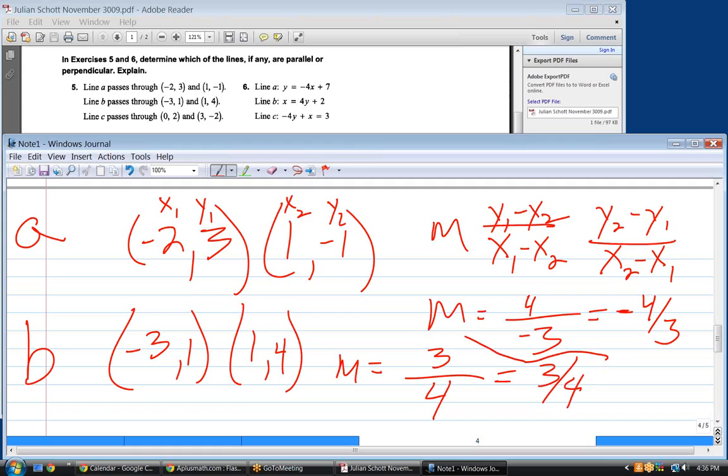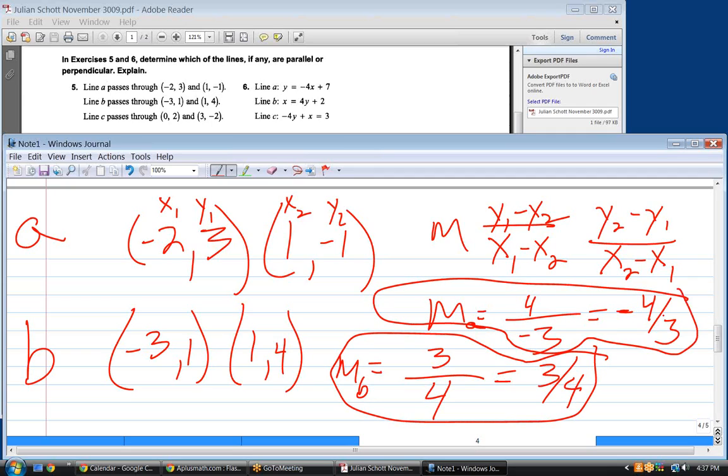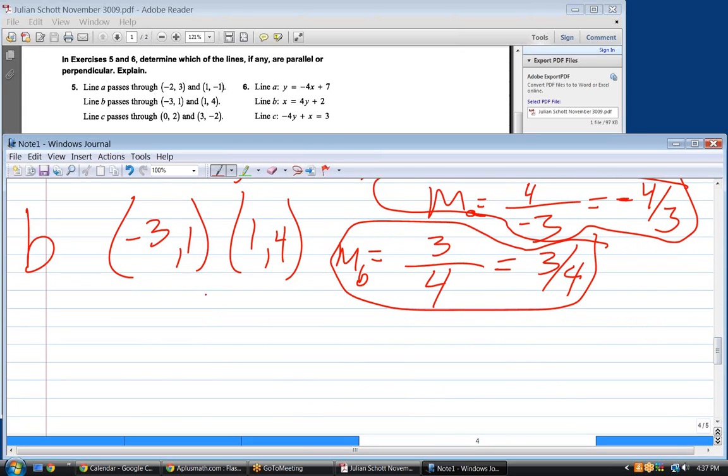So there's the slope of B. This is the slope of A. What about those two lines, do you notice? Are they parallel? No. Are they perpendicular? Yes, because this slope is the negative reciprocal of that slope. Okay, so first of all, A and B are perpendicular.